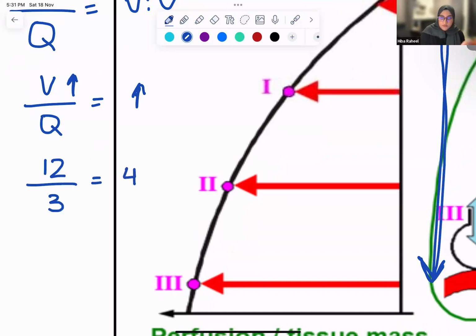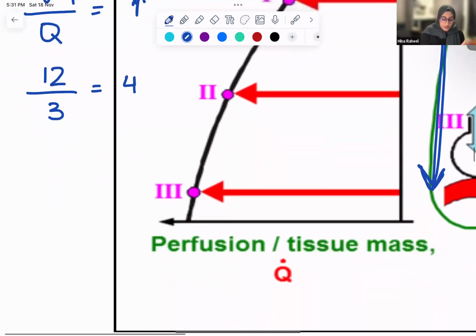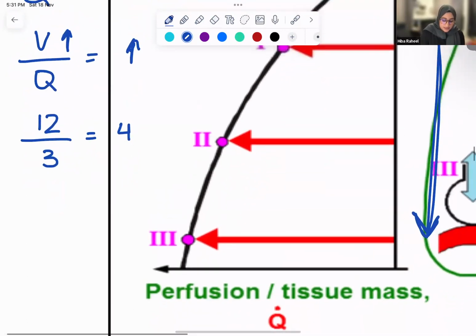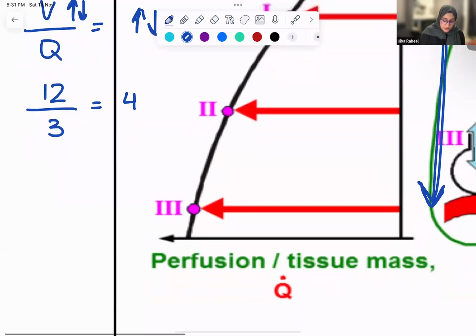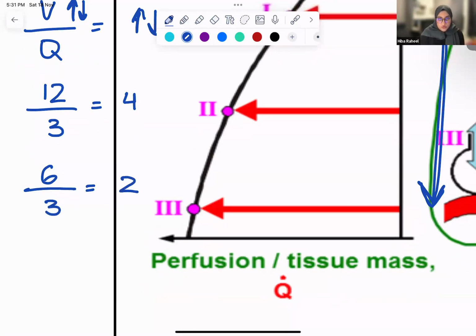What's the answer? 4, right? Now, let's do the opposite. Let's decrease the V, and we will watch the answer going down as well. Let's say the V in the second scenario is 6, and the Q remains the same. What is the answer? 2, right?